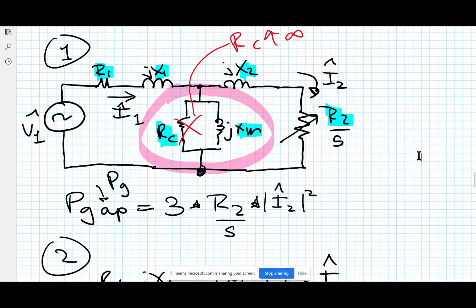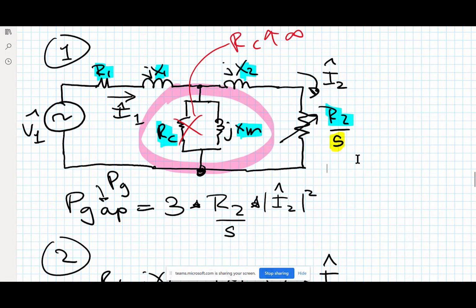You'll get the chance, if you want to look at that on the last homework problem. It has an RC, but you could look at it with that infinite and see how much it changes your result. If you ignore this branch, you will get a significant difference in your result, and it won't be the right answer. Now, the one thing we talked about last time: what's this little s here?